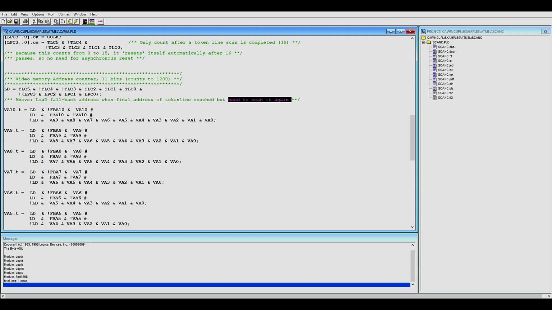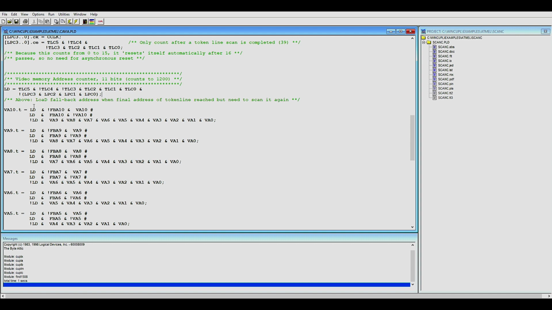In other words, when the line passes counter is not yet 15, so we need to pass again, and when the token line counter address has reached the end of the line.